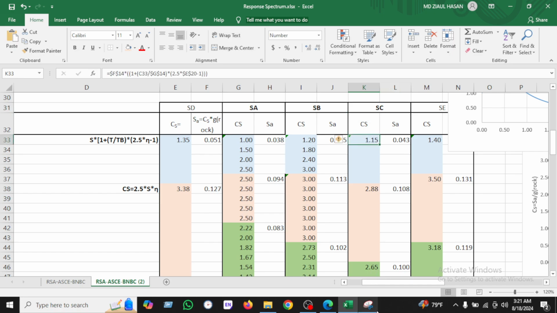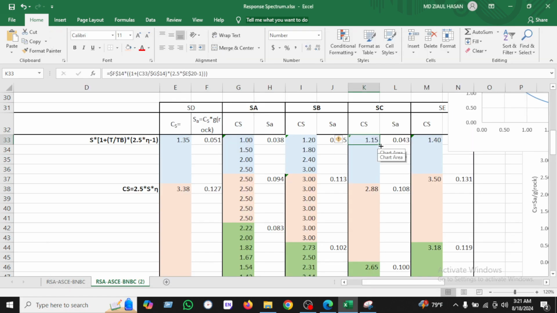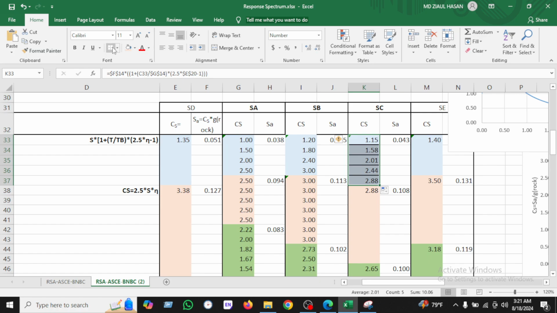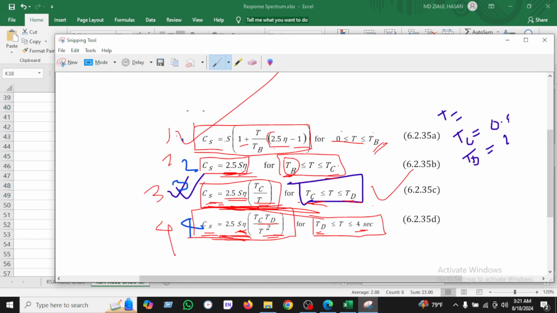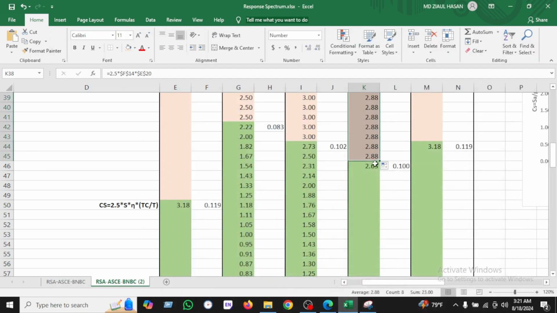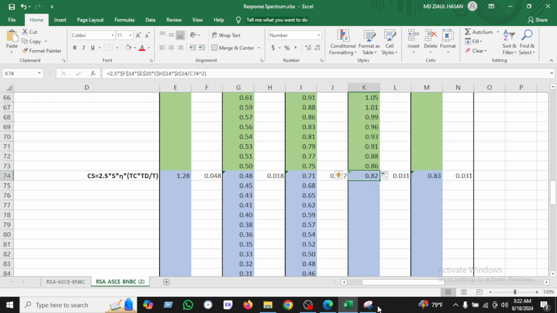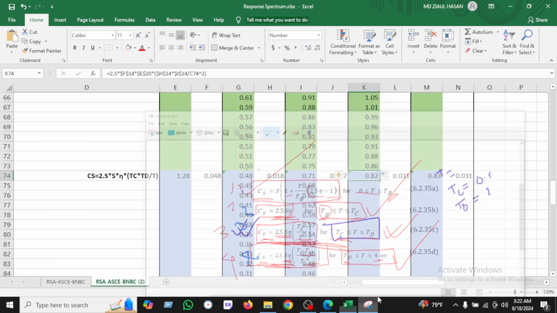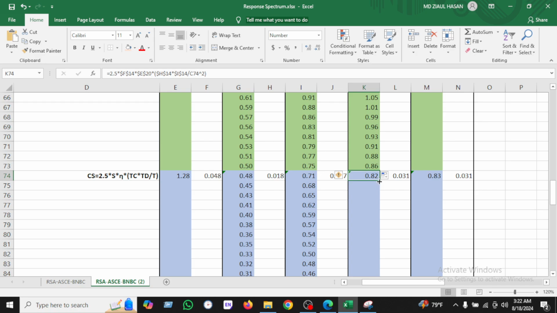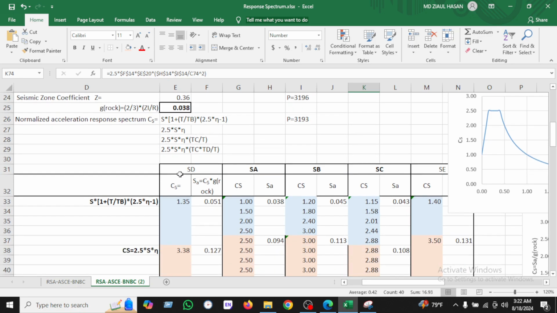The first formula is applied here, and the second formula is applied. This is the second formula, this is the third formula I have applied, and this is the fourth formula. Okay, so SC is done, and SD is here.